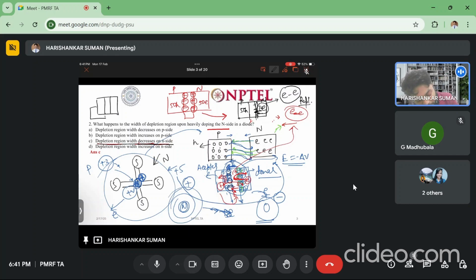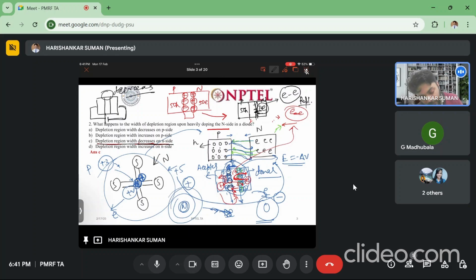When we apply positive biasing, does the depletion width increase or decrease? It decreases. Conduction happens easily, and electrons and holes move rapidly.